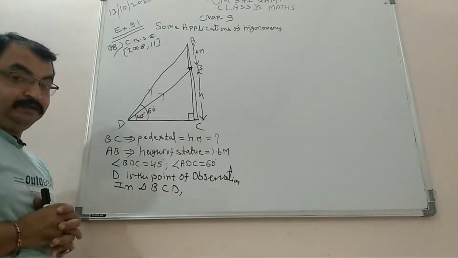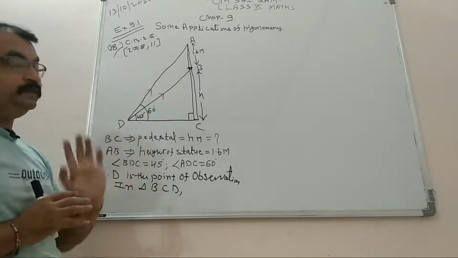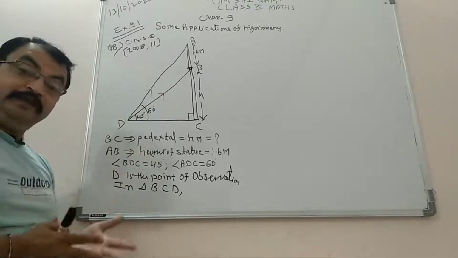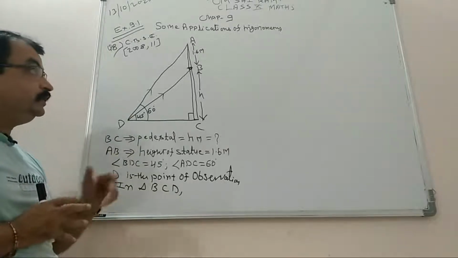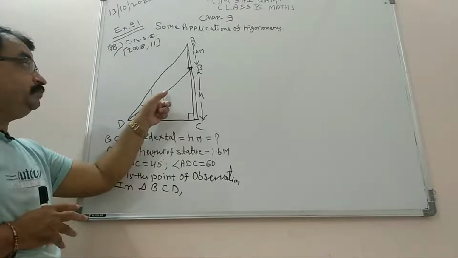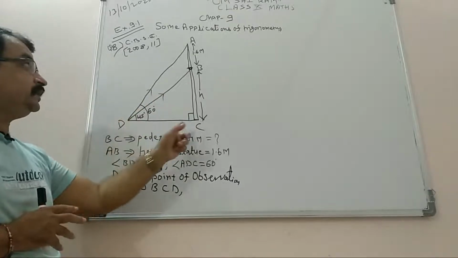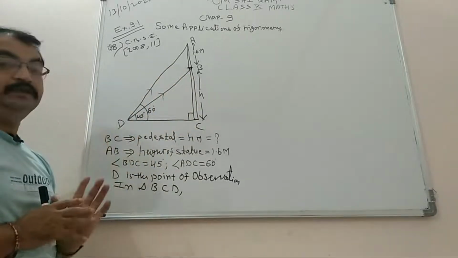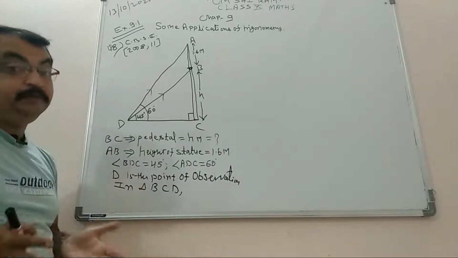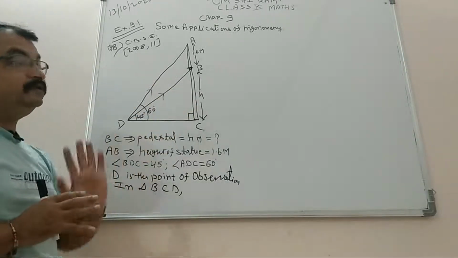So which side will you correlate with the BC, which will help you to find the BC, children? See, if you take BD in this triangle, and then in the larger triangle DCA you will take AD, both are unknown, so it will not help you to find the height BC.